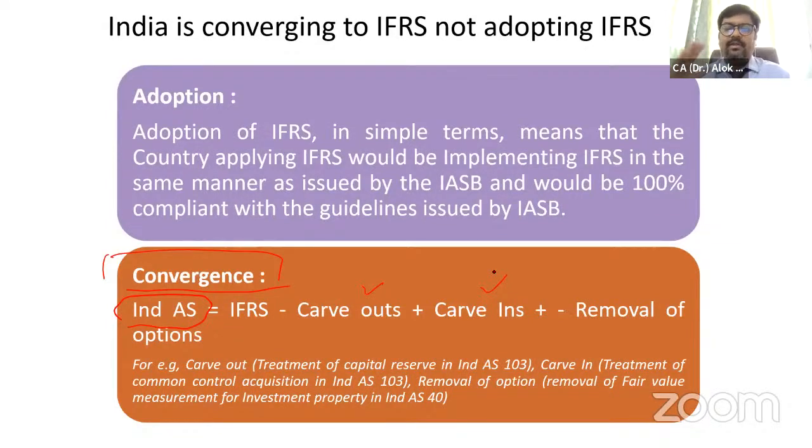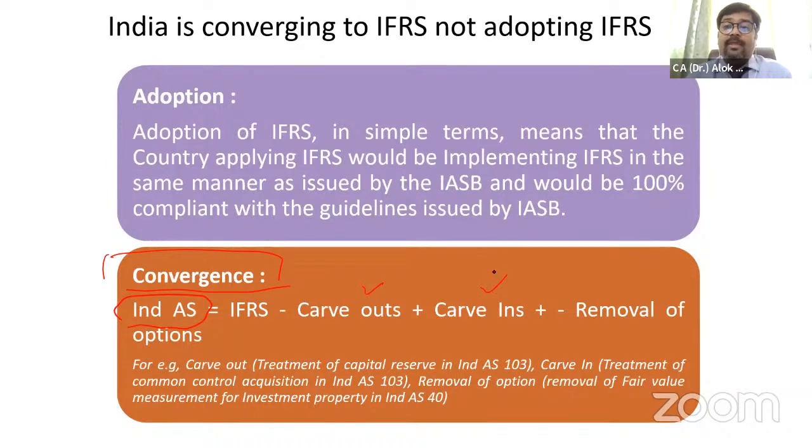All the business combinations. But we have said that if there is a group company acquisition, like there are 3-4 group companies and one group company is acquiring another group company, this is known as a common control acquisition. And we have said that in case of common control acquisition, we will apply the book value method. We will not apply the fair value method because it is kind of a family acquisition, right?